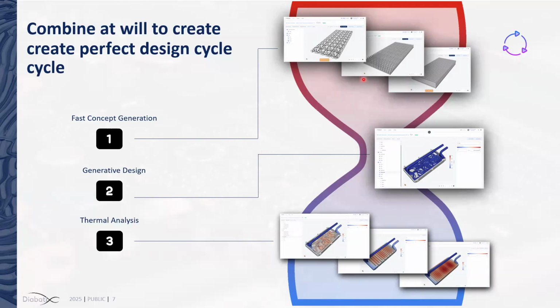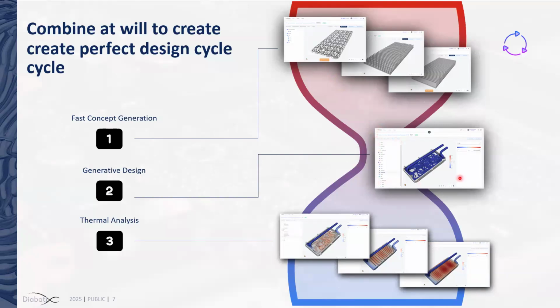So Coldstream can give you thousands of different ideas, which can then be funneled and taken into a detailed design, like a generative design, in which the user can set up a detailed case and try to achieve the best performing thermal design.